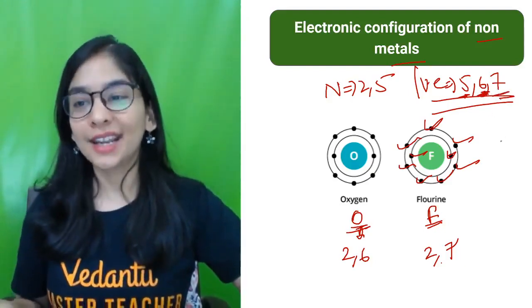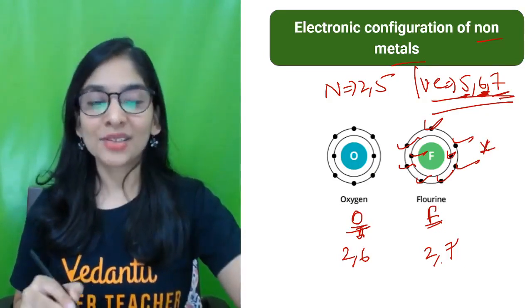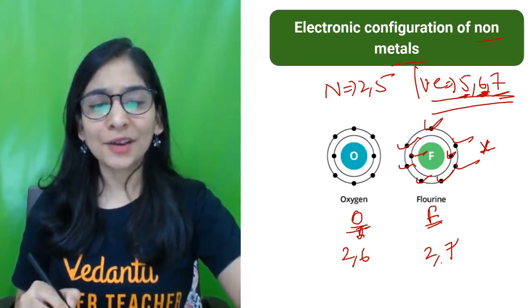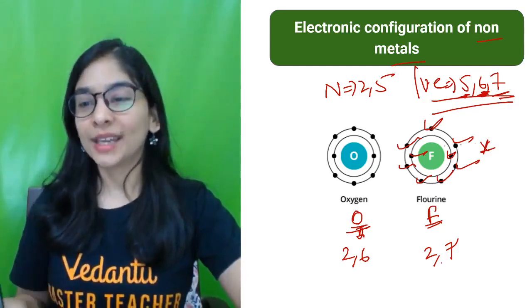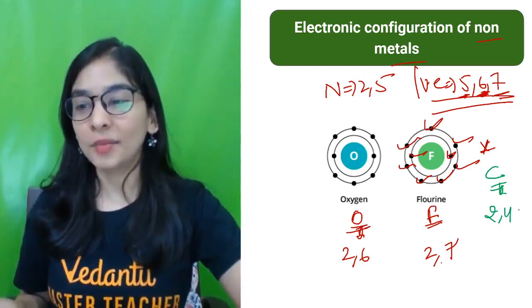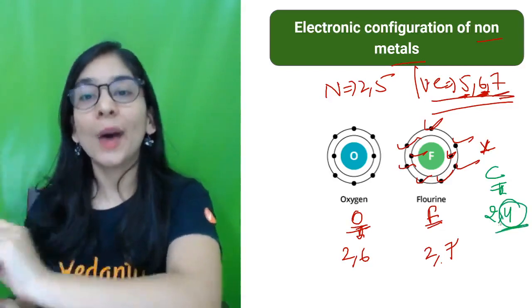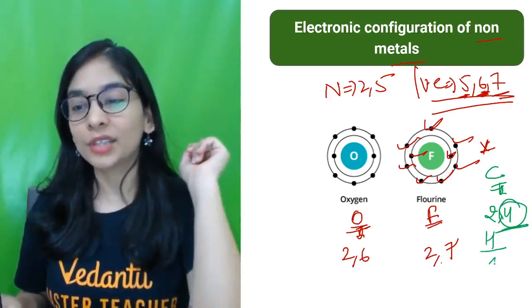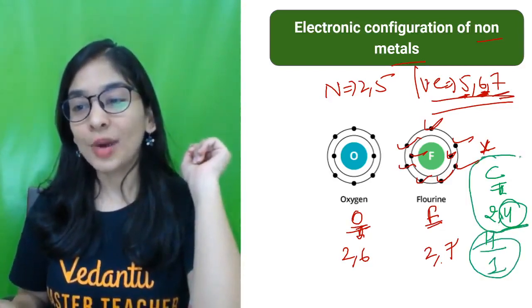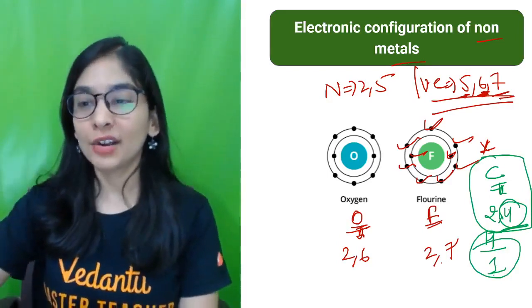Though we have certain exceptions, and without exceptions our chemistry is incomplete. Such exceptions we should know. Carbon has a 2, 4 configuration, still a non-metal, with 4 valence electrons in the last shell. Hydrogen has 1 valence electron. These two are examples: non-metals can still have 1 or 4 valence electrons.